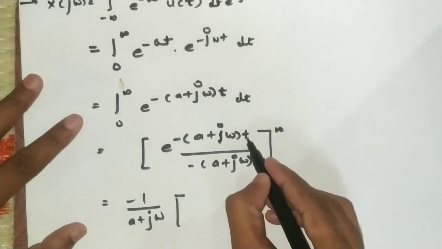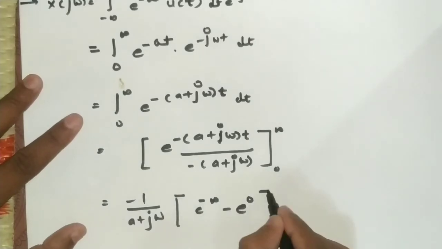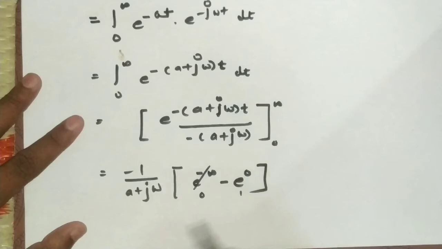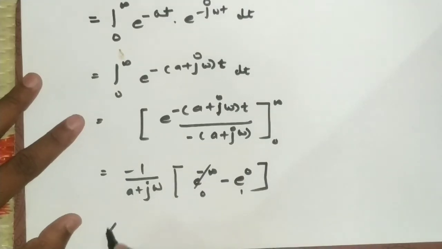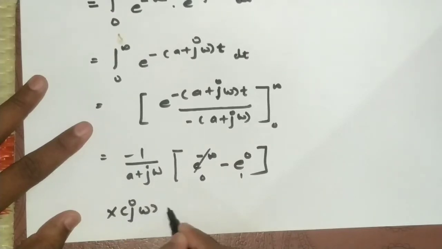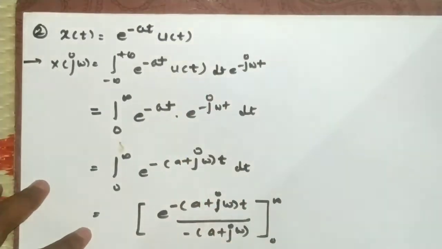For the upper limit, if I put infinity, with this minus sign, we'll get e raised to minus infinity minus e raised to 0. Now e raised to minus infinity will be 0, and this is going to be 1. So this is minus minus plus, and we'll get X(j omega) as 1 upon (a plus j omega). So this is the Fourier transform of this exponential function.